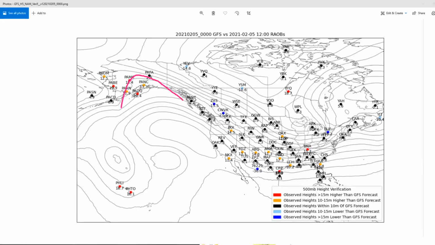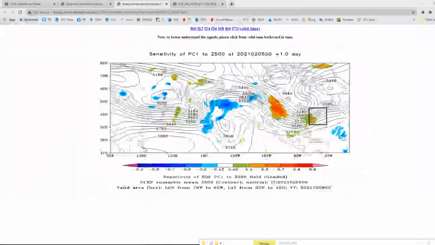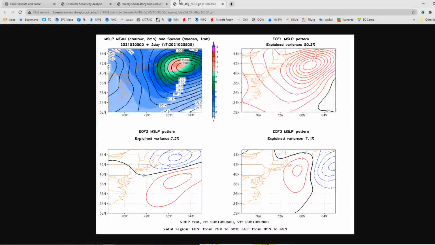And then in our shortwave trough, heights here at ZXS and CWVK, two upper air sites here in British Columbia, are more than 15 meters below the GFS forecast. So that means that in the observations, our shortwave trough is stronger than expected. Our upstream ridge is also stronger than expected, and that anti-correlates with the EOF1 outcome that we saw over here, portraying a weaker storm.